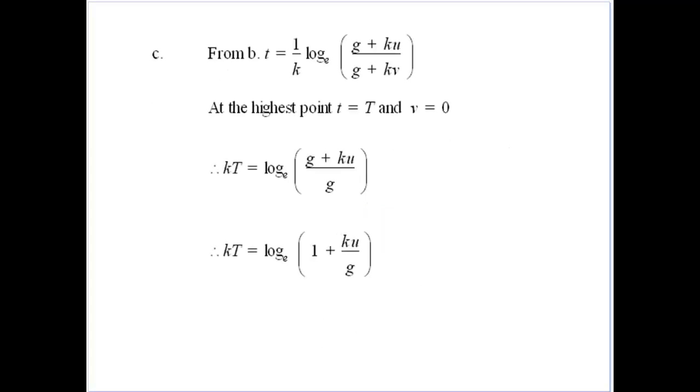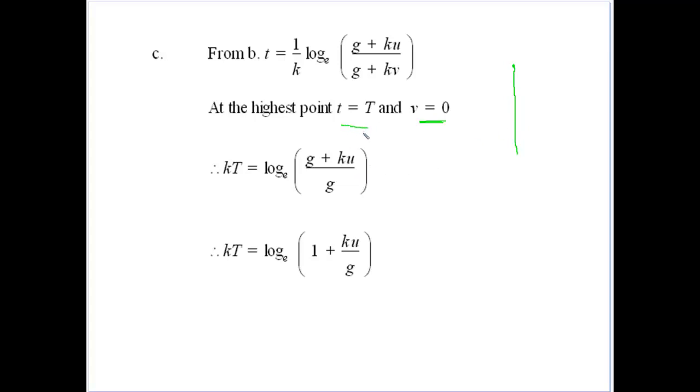So part C wants us to show where the particle reaches its greatest height. We're going to have to use part B because we want the time. We know it's going to reach its greatest height when velocity is 0, because once it goes right up, the velocity is going to be 0 before it starts to come back down.